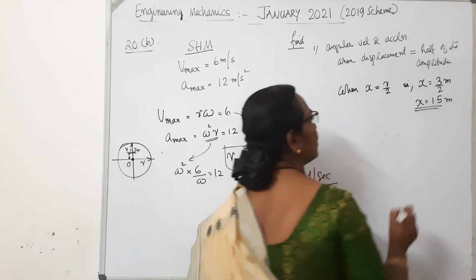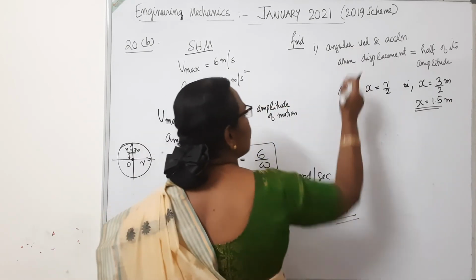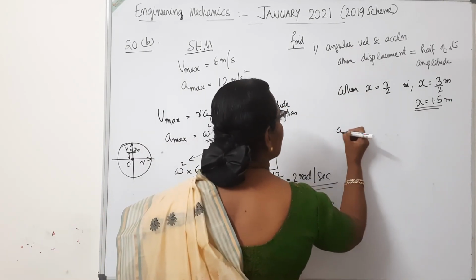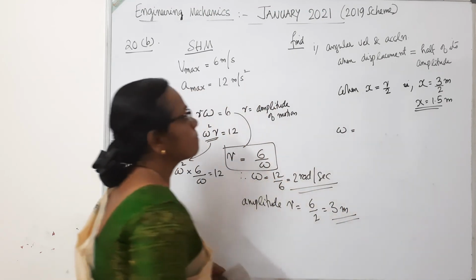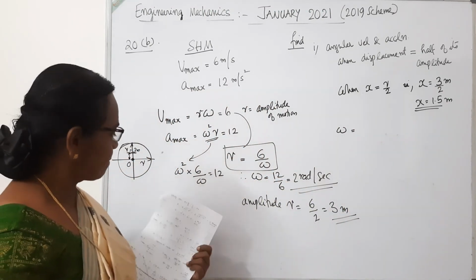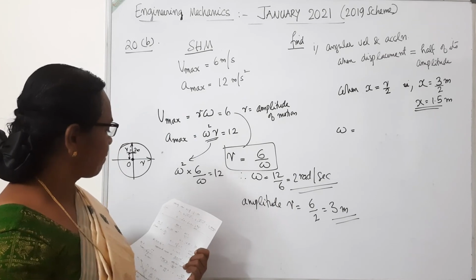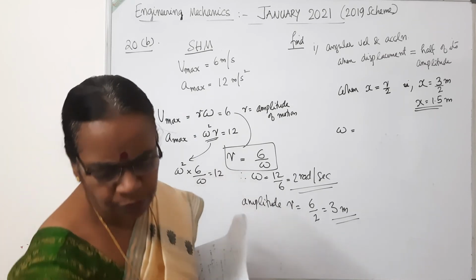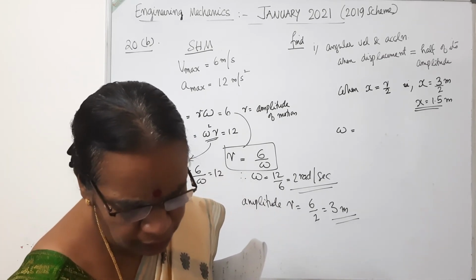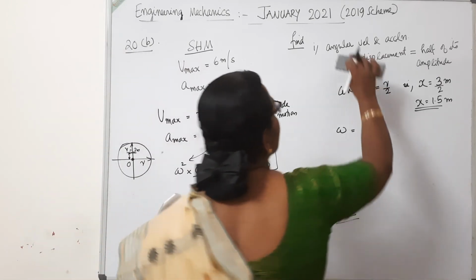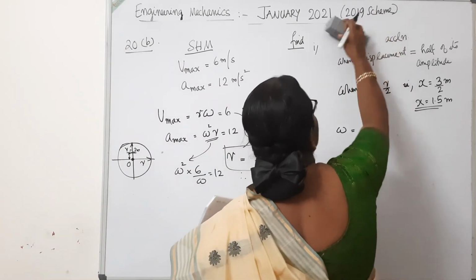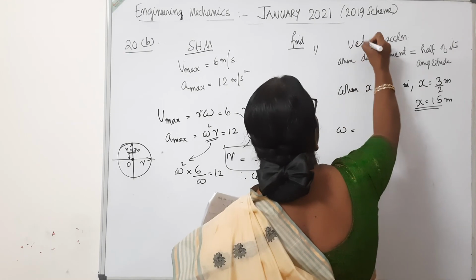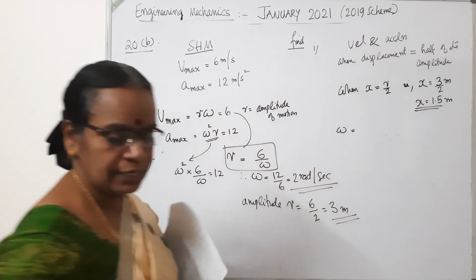When x is equal to 1.5 meter, find the velocity. Is it angular velocity? It is not angular velocity. We are asked to find the linear velocity and acceleration.